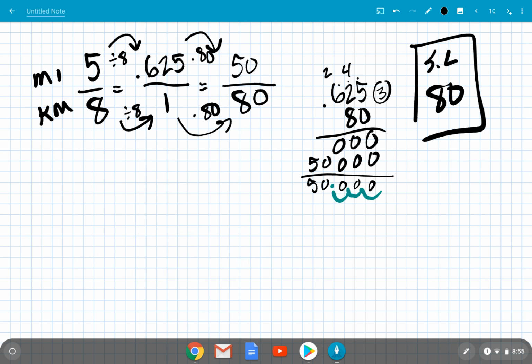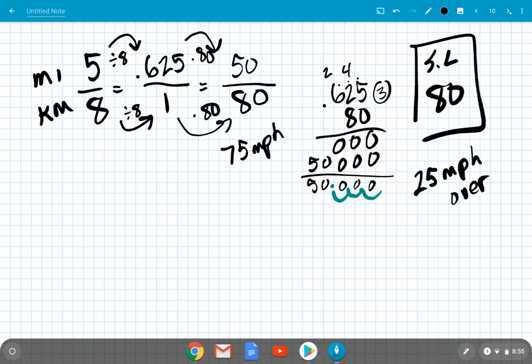So the girl's mom should have been going 50 miles an hour. She was actually going 75 miles an hour. So right away, we know that if she was supposed to be going 50 and she was going 75, she was traveling 25 miles per hour over the speed limit.